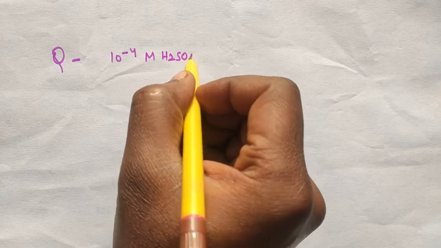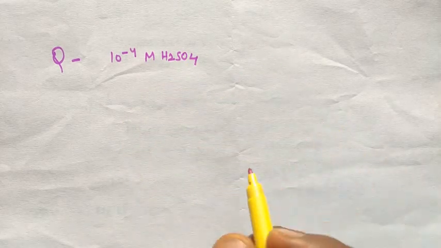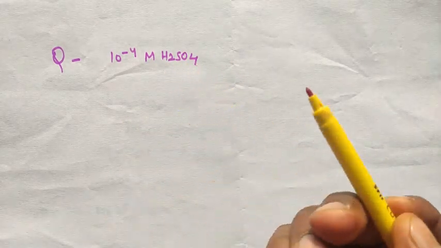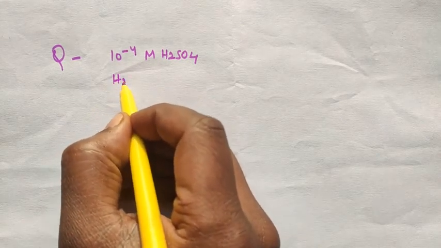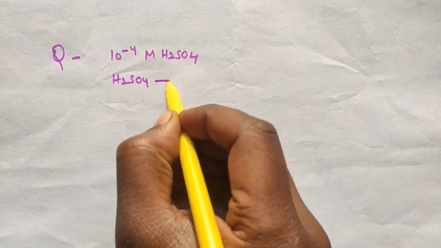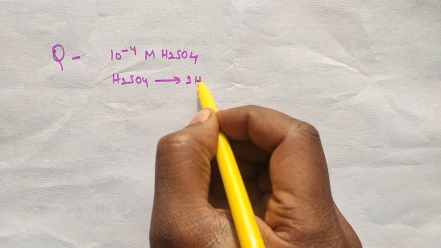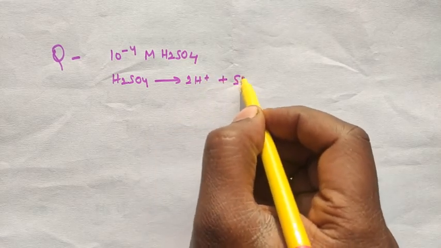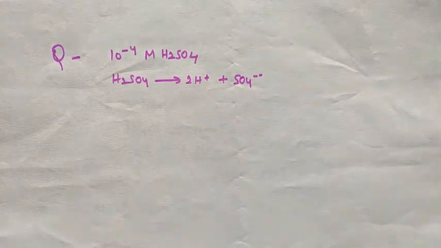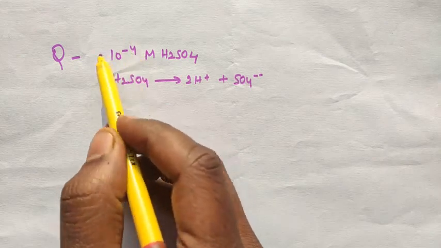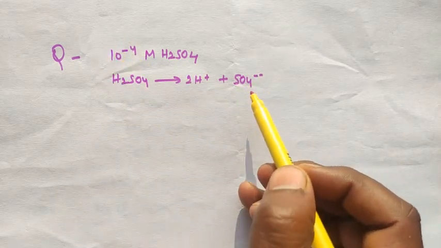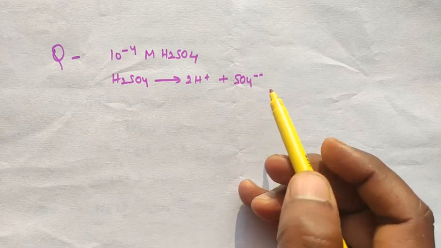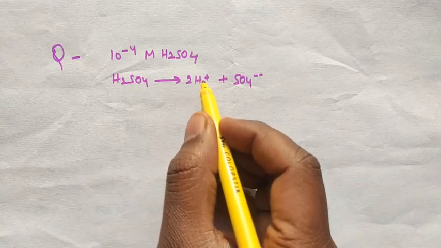Now this H2SO4 is a strong electrolyte. As you know, it will give 2H plus and SO4 negative 2. This is 10 to the power minus 4, so this will also be 10 to the power minus 4, but there is 2H plus now.